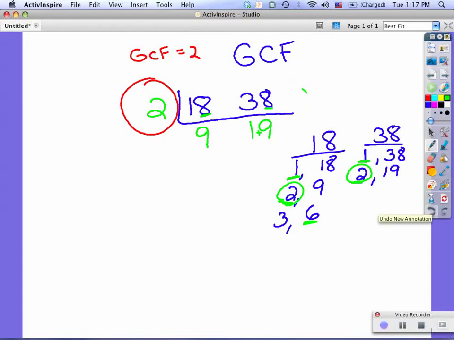Let's look at another problem. Okay, let's try 27 and 45. Okay, we like to start with 2, 3, or 5. 2 doesn't go into it because it ends in a 7 and a 5. 5 doesn't go into both of them because 27 doesn't end in a 5 or a 0.